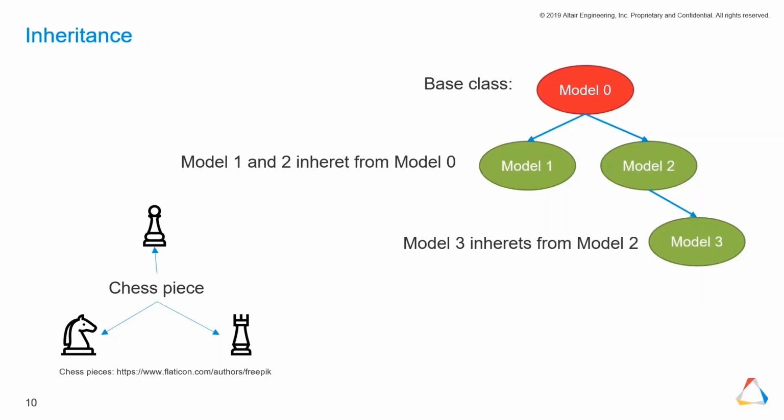Now we talk about inheritance, which is a pretty nice feature of model-based design with object-oriented languages. Imagine you have a class, a model 0, and you want to create a model 1.